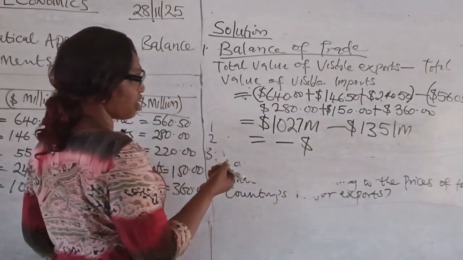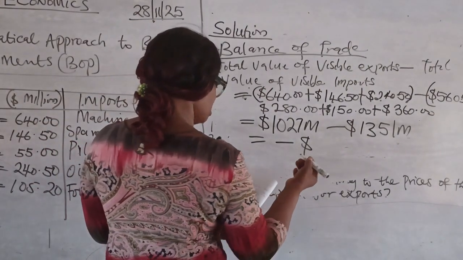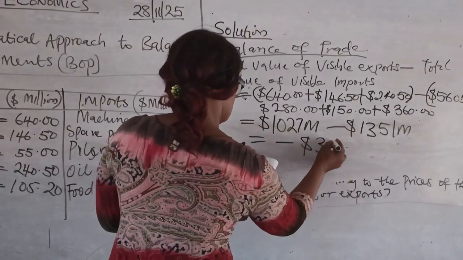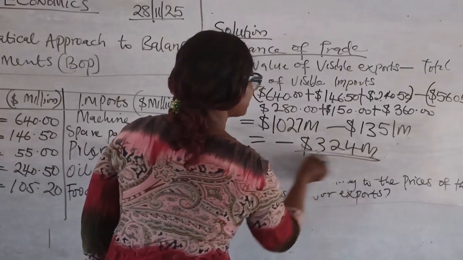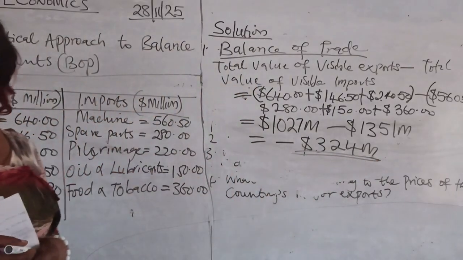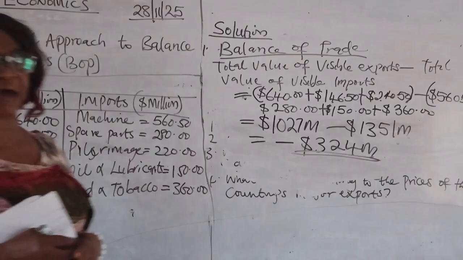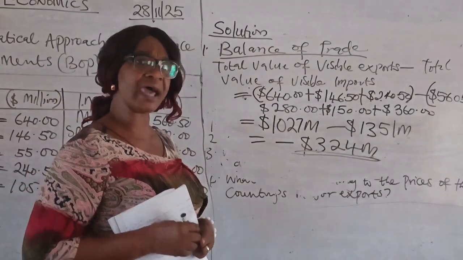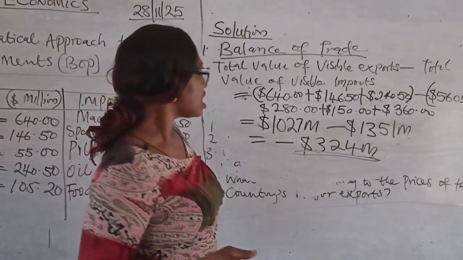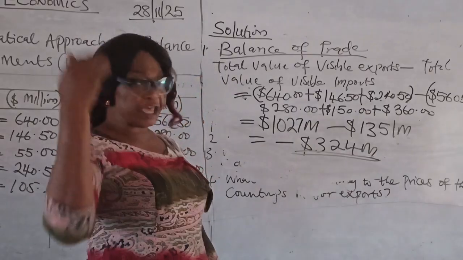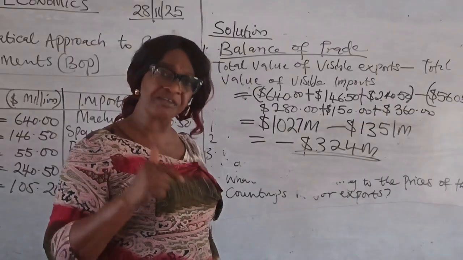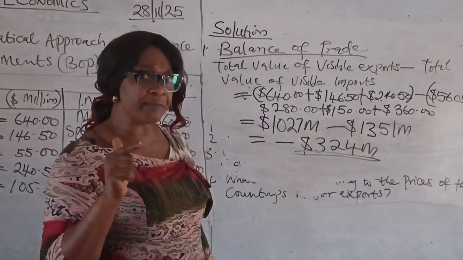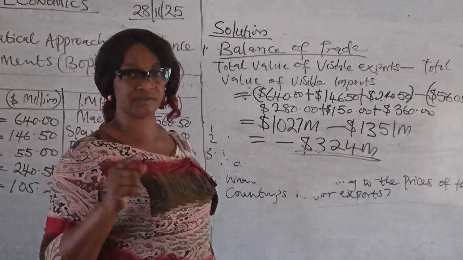So the difference between two of them is minus 324 million. This is our final answer. We are having minus. Why are we having minus? We are having minus because our import is more than our export, meaning that we are having unfavorable balance of trade.